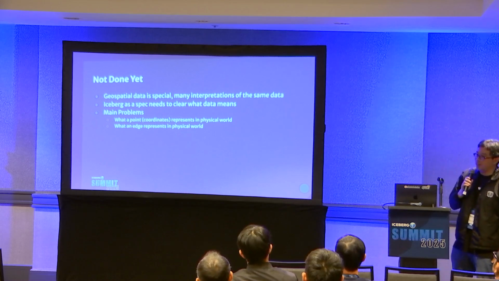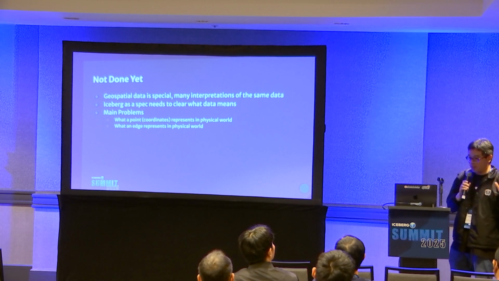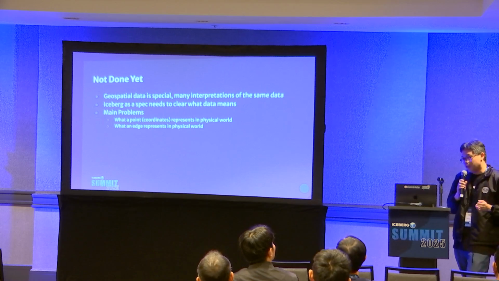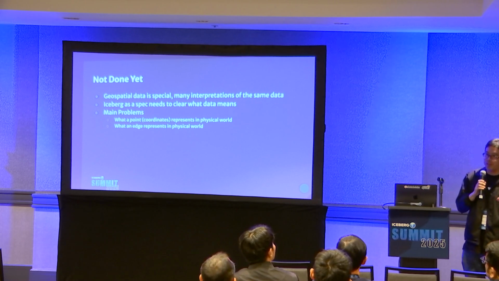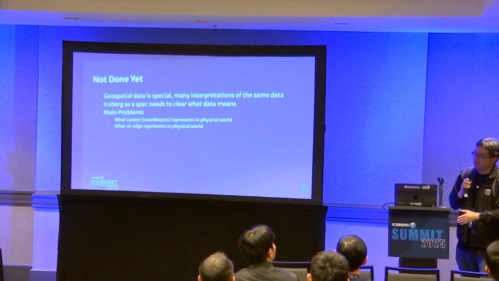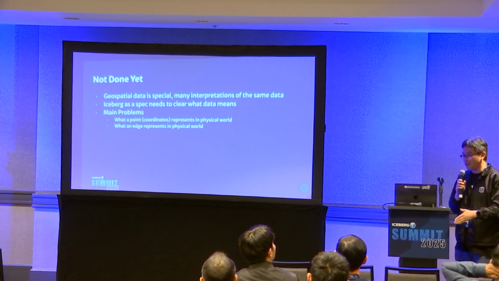And here we actually realized we can't escape the weeds of knowing more about Geo than we wanted to. So the thing is, for other types in Iceberg, like integers, there's no argument about what 1, 2, 3 means. But for Geo, it's not the same. There are a lot of different ways people generate geodata and different interpretations of the same data.